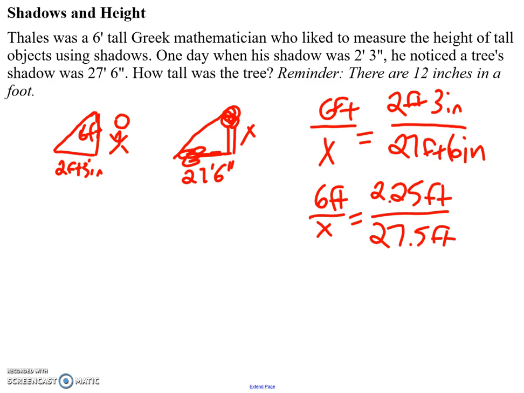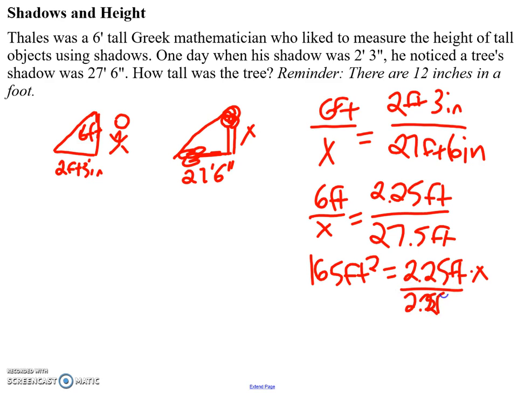Now I can cross multiply and get 165 square feet is equal to 2 1/4 feet times x. So I divide both sides by the 2 1/4 feet.